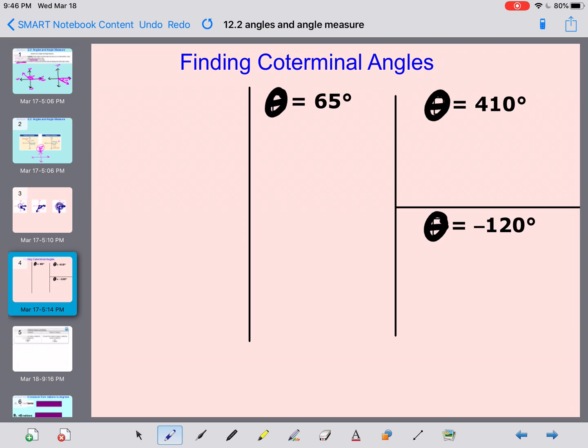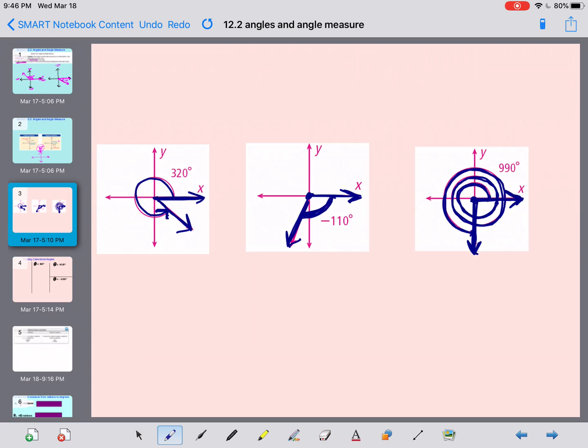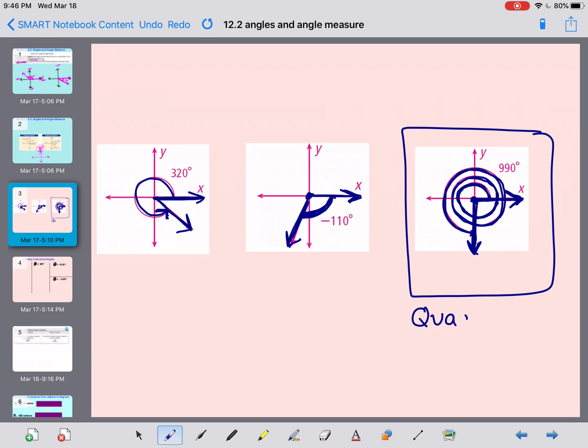Coterminal angles. Oh, sorry, one more thing I forgot to mention back here. This diagram here is special. We call it that not because it rotates multiple times, but because it's what we call a quadrantal angle, right? Because if I asked you, what quadrant is the terminal side in, right? In this diagram, this first one, what quadrant is the terminal side in, right?